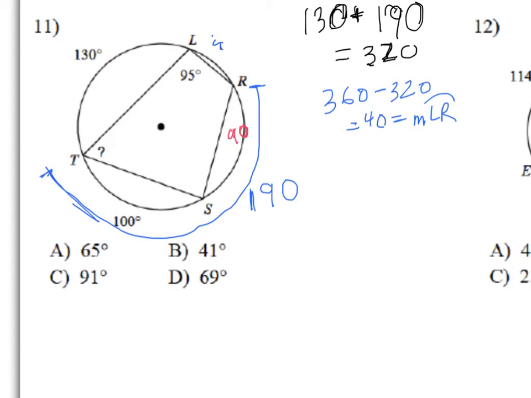Make sure you remember, as you're doing all this math, it needs to mean something. So 130 plus 190 means take this arc and add to it this whole arc. That's 320. 360 means a full circle, but I'm taking away the 320 that I got going from L to T to S to R. So the remainder is 40.